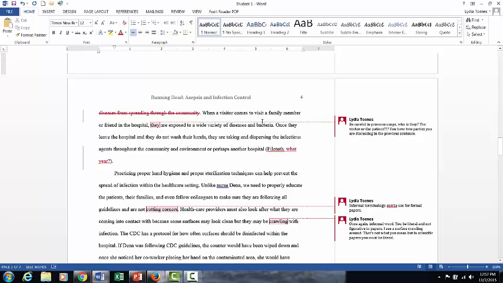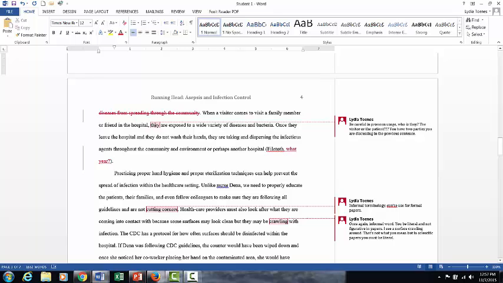Or when a person comes to visit, or you could say when a visitor comes to the hospital, but I'll use what this student has here. When a visitor comes to visit a family member or a friend in the hospital, they are exposed to a wide variety of diseases and bacteria.